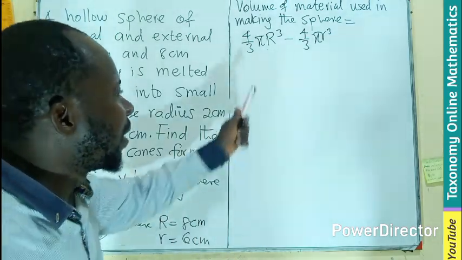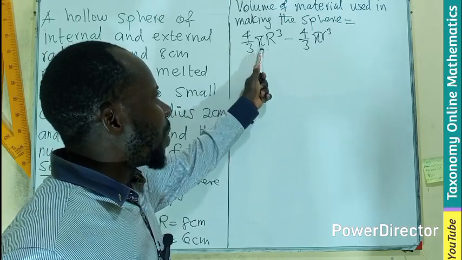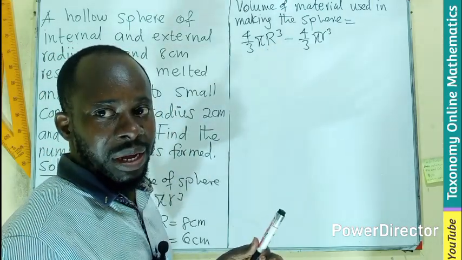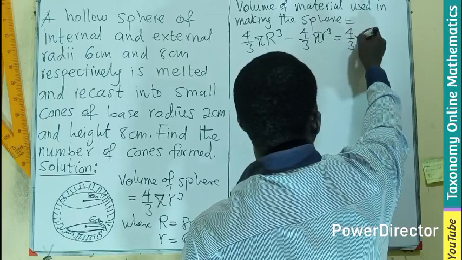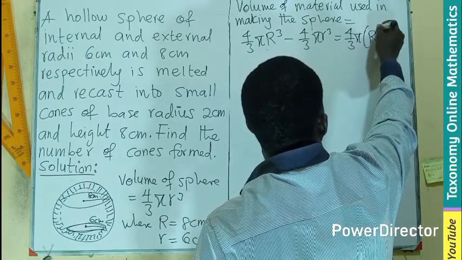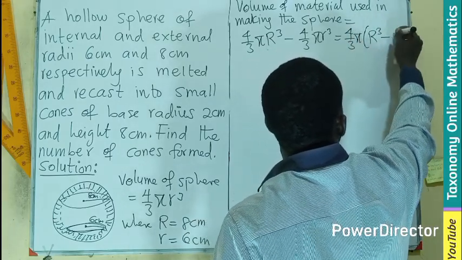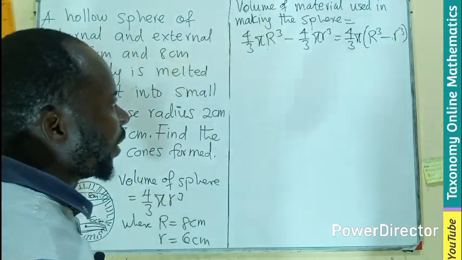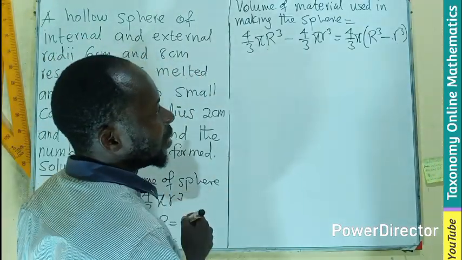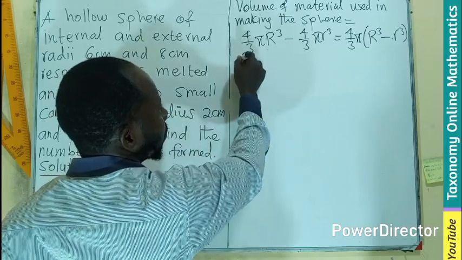If I check from here, 4 on 3 pi seems to be a common factor. So this can be 4 on 3 pi into bracket R cube minus small r cube. So we can substitute our values into that and see what that will give us.